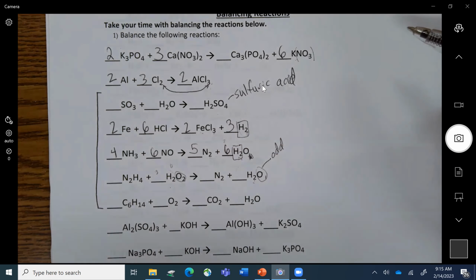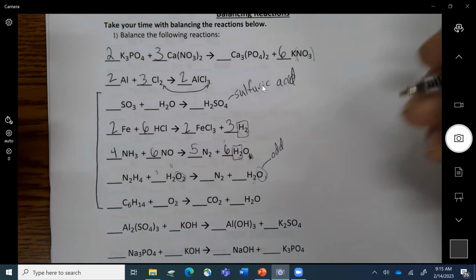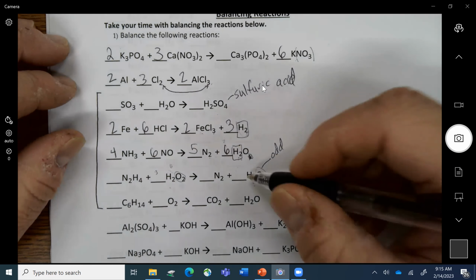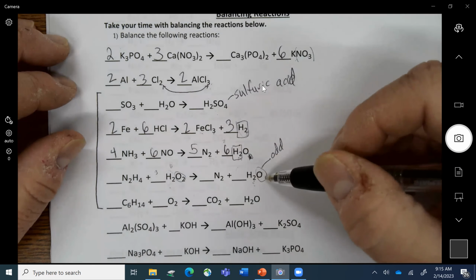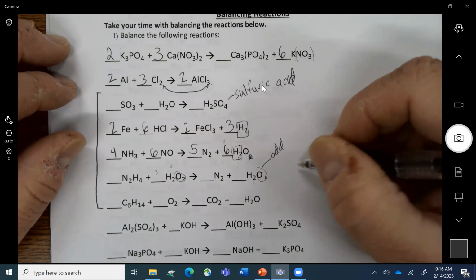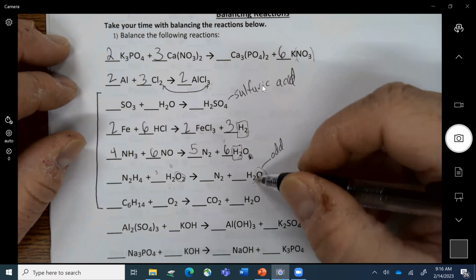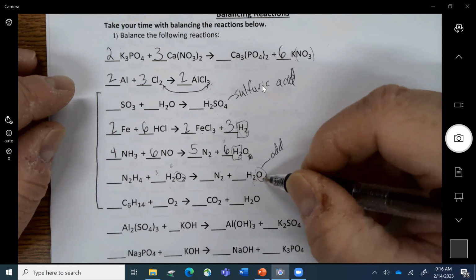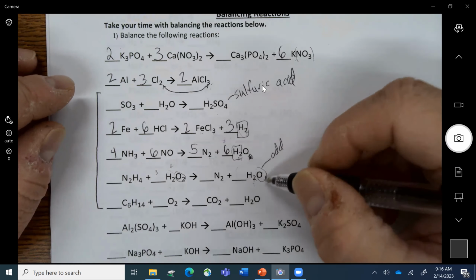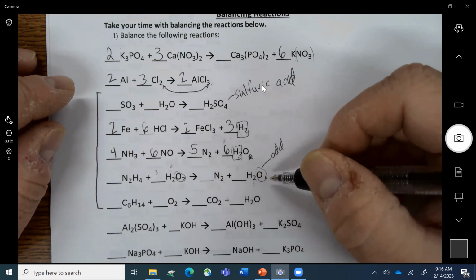That'll give me 10, or if I go the next step up, it'll give me 14. So the next step up, 6, 12. Remember, the oxygen always needs to be an even. So the next step up from 6, 12 would be 18, but I'd put a 9 here, and that would make that even. So 24.